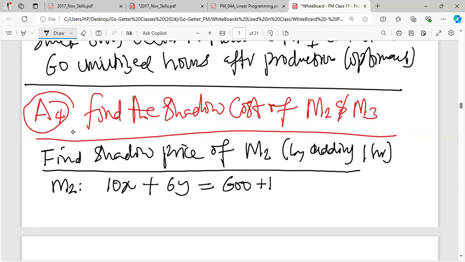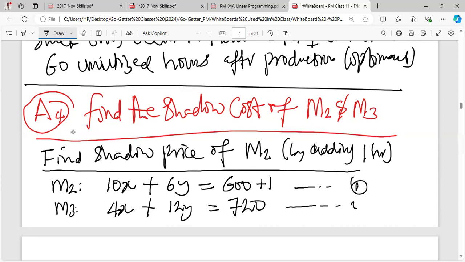Then our M3 will remain the way it is, 4x plus 12y. That will give us 720. So this is equation 1. This is equation 2. Like we did before, we are multiplying this by 2.